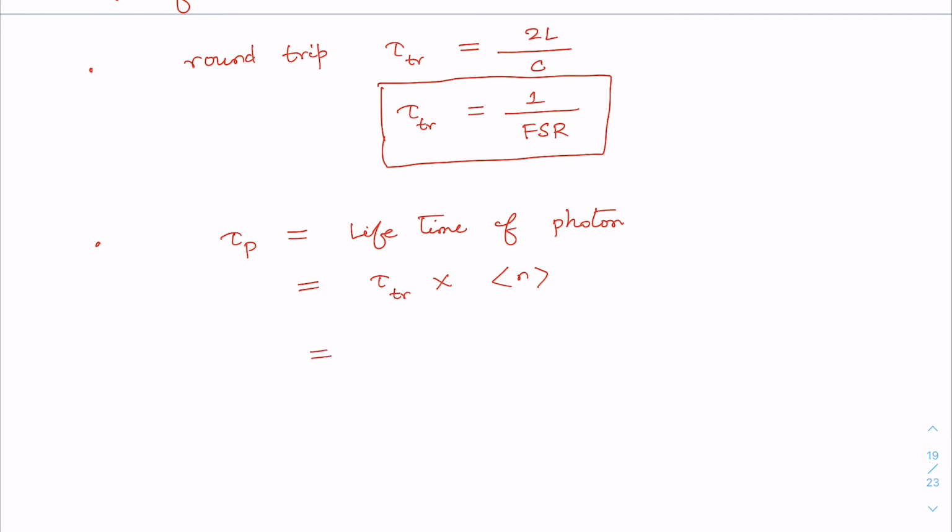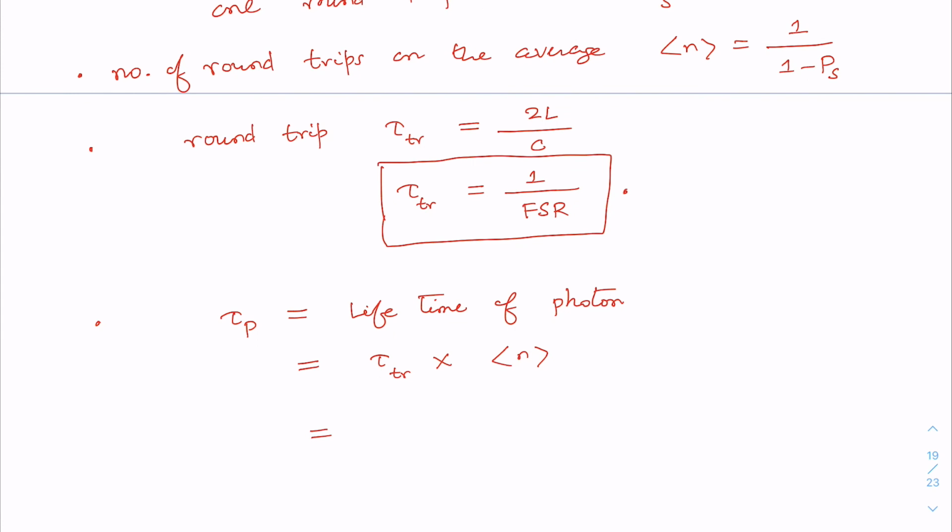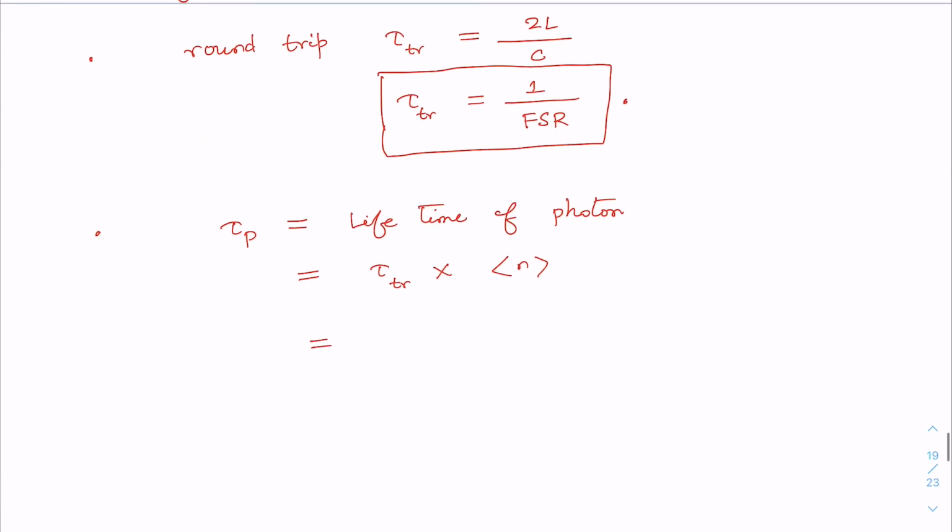So using the expression that we derived here, the photon lifetime would be 1 divided by free spectral range into 1 minus PS.